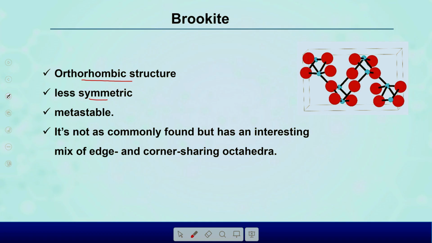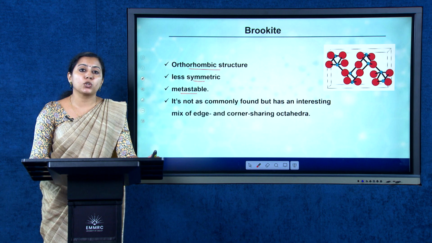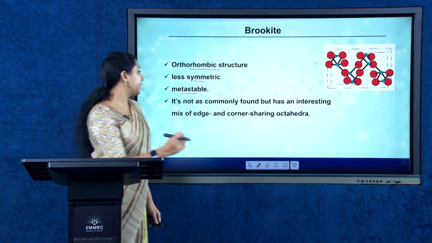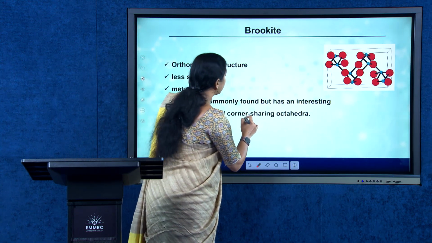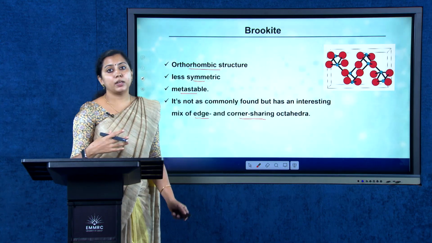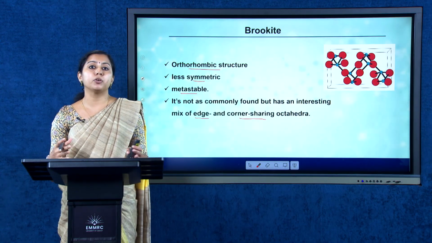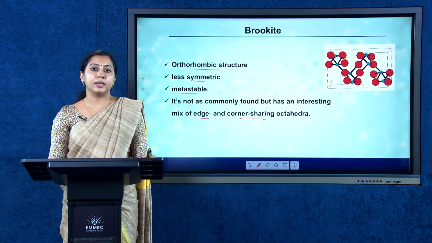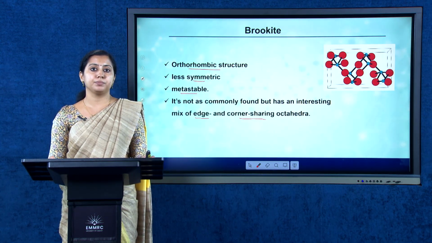So, brookite is less symmetric, and it is also metastable. It is not as commonly found, but it has an interesting mix of edge and corner sharing octahedra. And among the three polymorphs of titanium dioxide, brookite is the least stable phase.